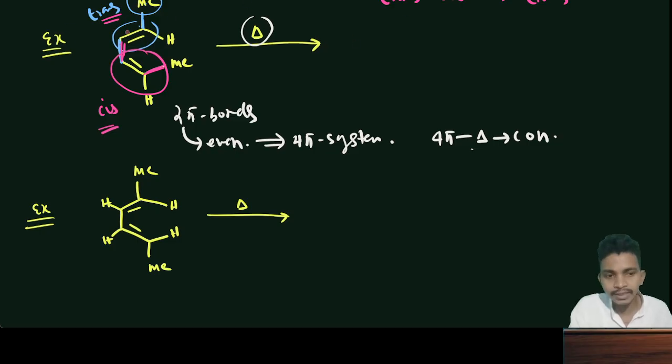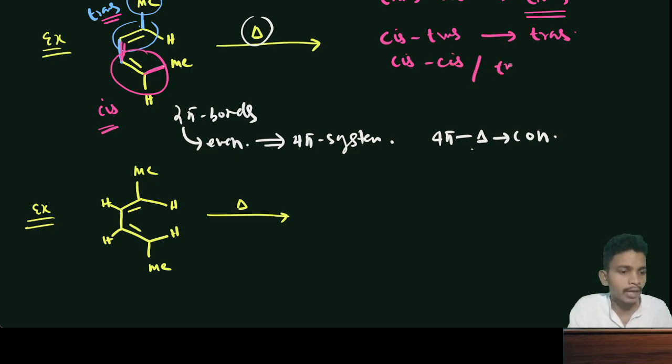Similarly, if it is cis and trans, that is again assumed as trans. And if it is cis and cis or trans and trans, then that is assumed as cis. So this has to be kept in mind.